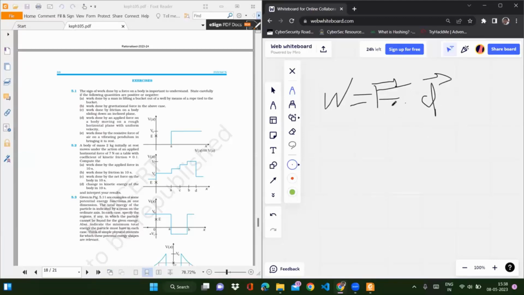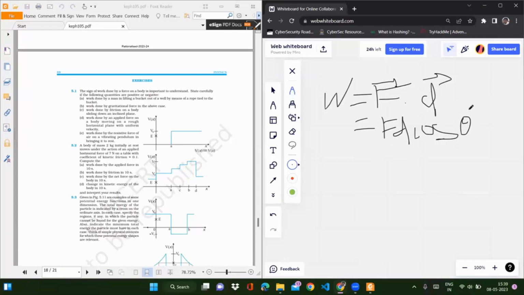As it is the dot product of two vectors, it will be given by F d cos theta, where theta is the angle between force and displacement.